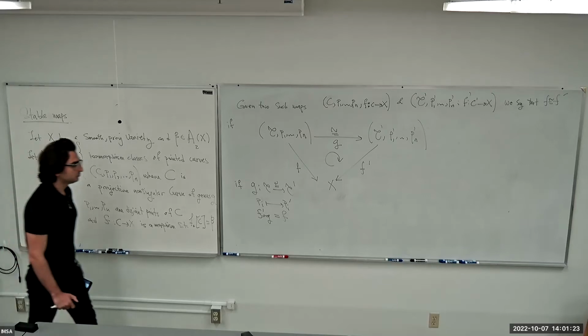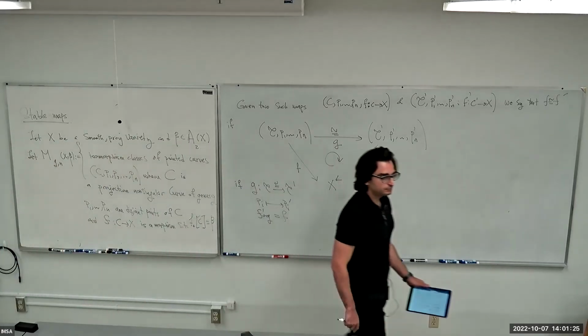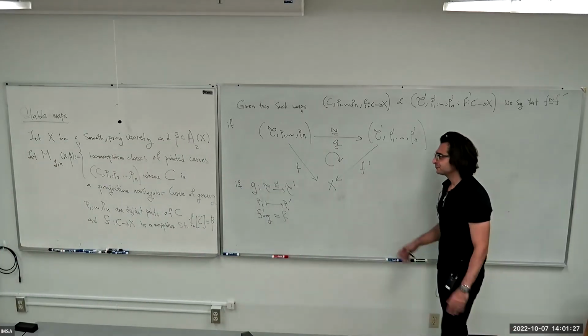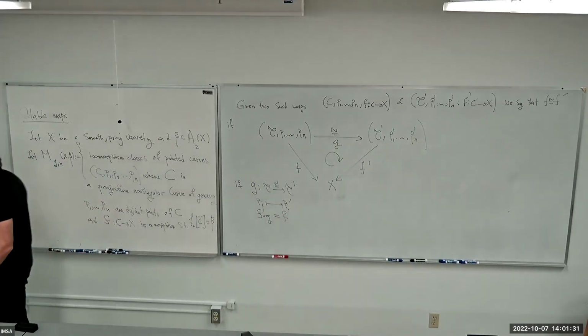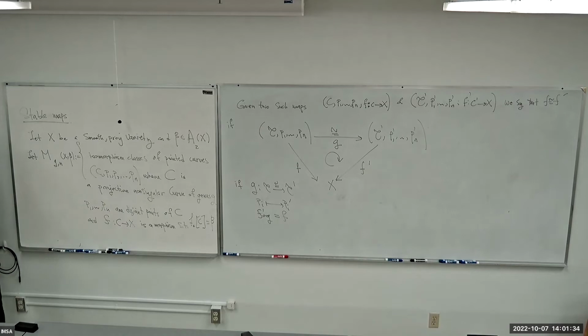So, for instance, let's say I give you a line with local coordinates x. I give you a map, f of x equals x squared.